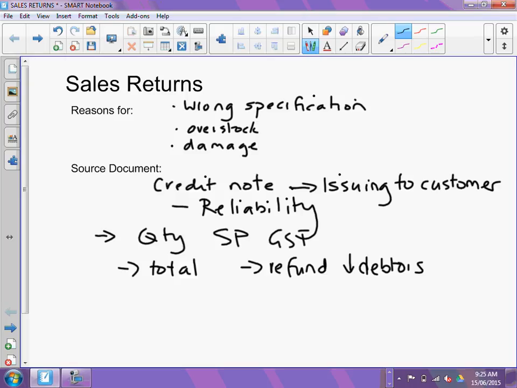So as I said when I taught purchase returns, sales returns is a little bit harder for two reasons. One, there are a lot more entries because there's selling price and cost price entries. And two, we don't know the cost price on the credit note. So we have to have a way to work it out.